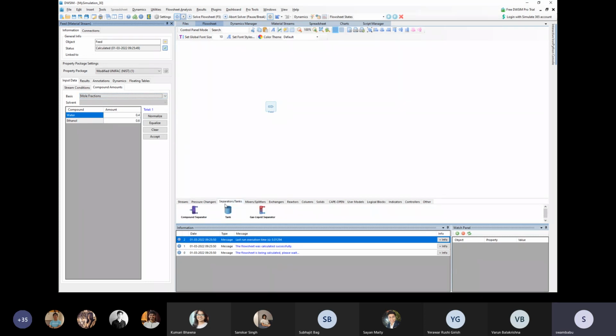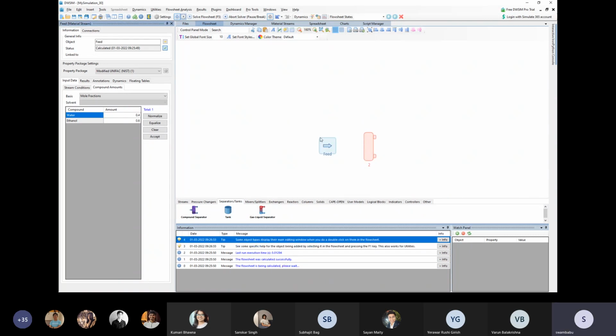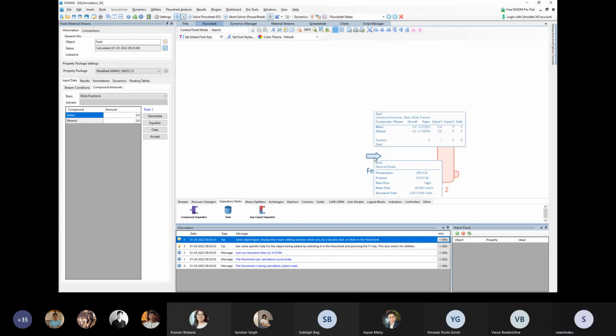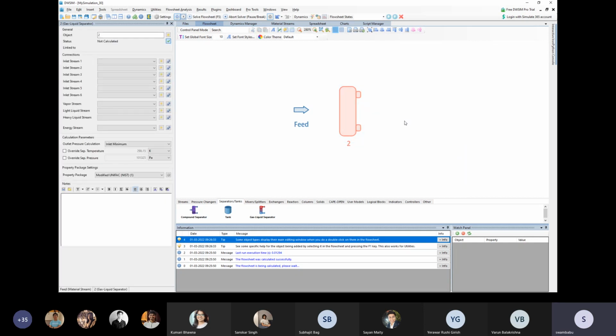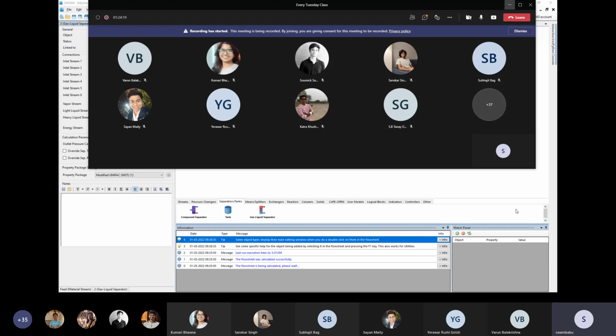Now we want to do the separator. This gas liquid separator is a typical flash separator. As I said in the last class, something highlighted in red means what? Can anyone say?